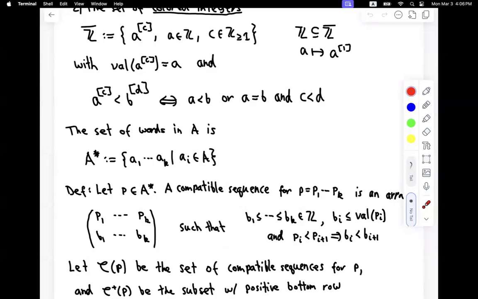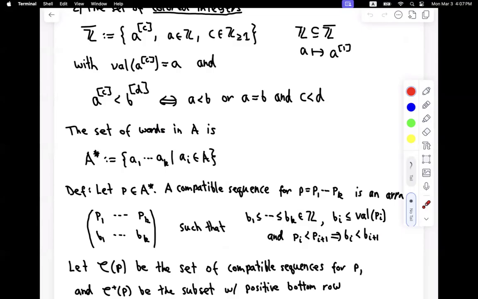Number two, if p was just integers, then I would just say bi is less than or equal to pi. That's the usual definition. In this case, we'll just say bi is less than or equal to the value of pi, ignoring the color. And the third condition is that if there's an increase in p, then there's got to be an increase in b at exactly the same point.